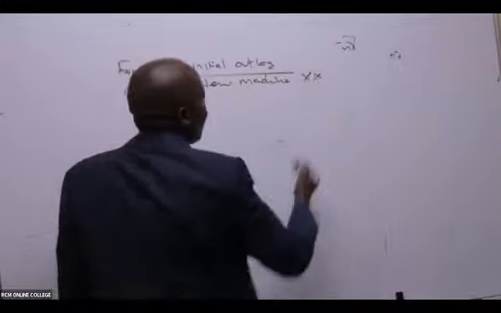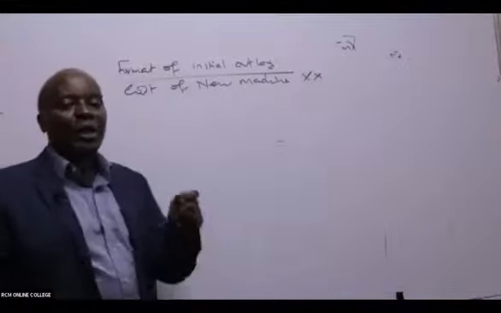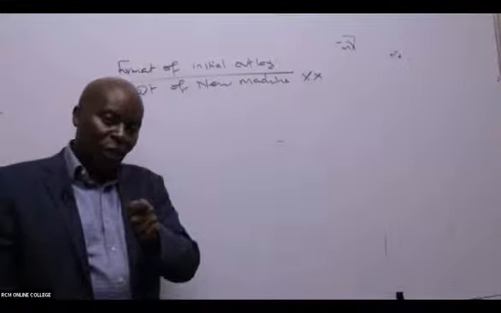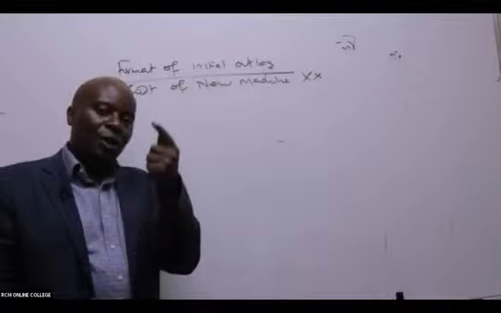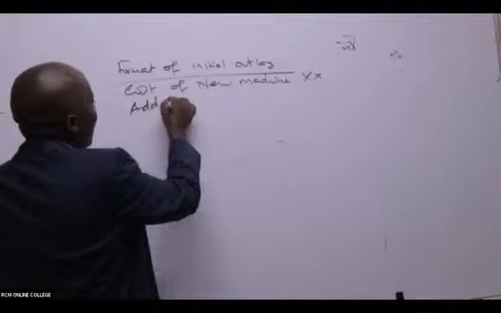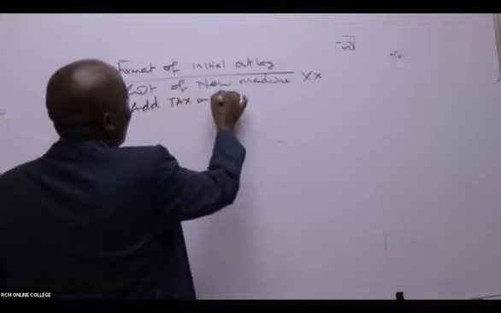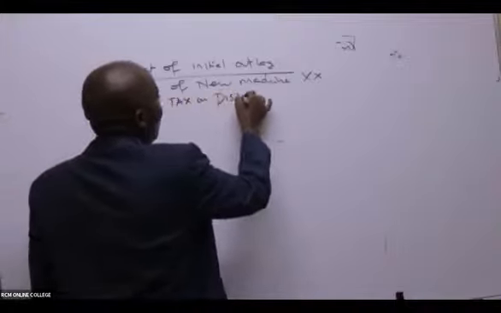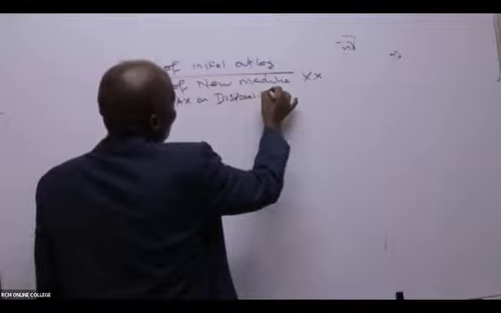You take it like that. You may be told in this case to pay some tax, because you're going to sell the old machine. So you add tax on disposal of old machine.